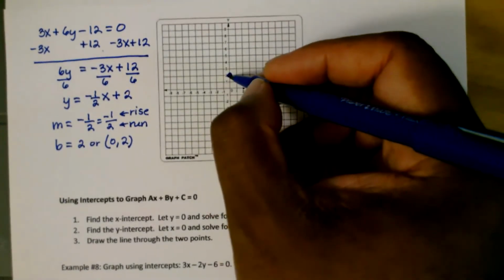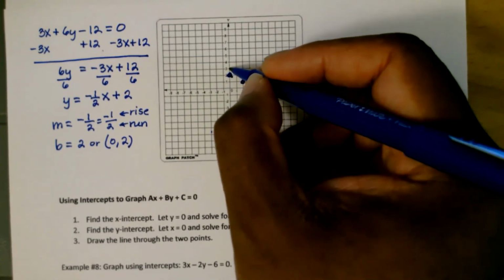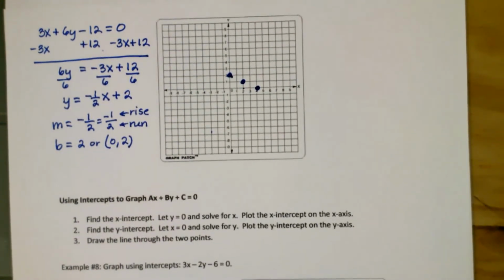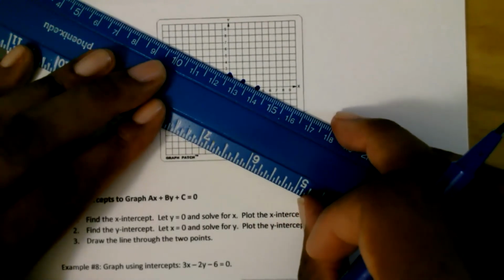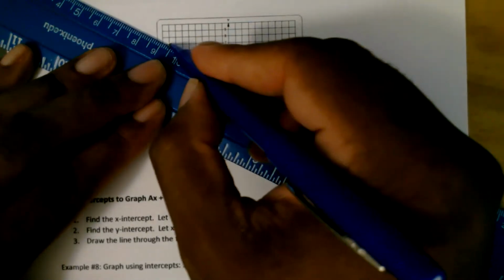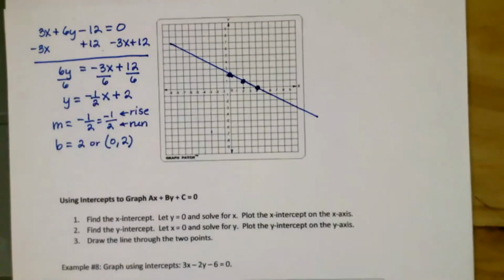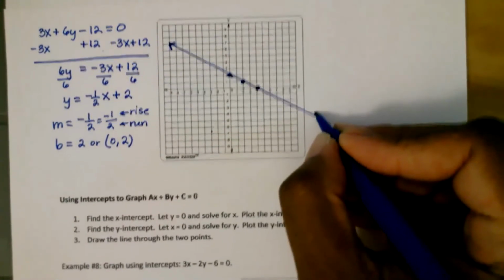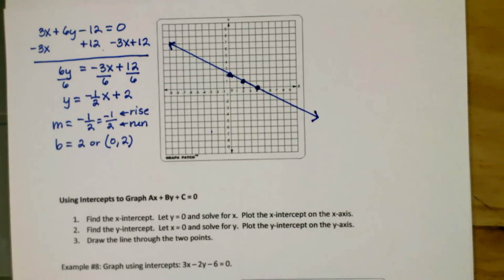Or I could have taken that y-intercept, make the 1 positive and the 2 negative, go up 1 and to the left 2 to get the other point. All right, but these are enough points that I need to draw the graph of that linear equation, which is in this case 3x plus 6y minus 12 equal to 0.